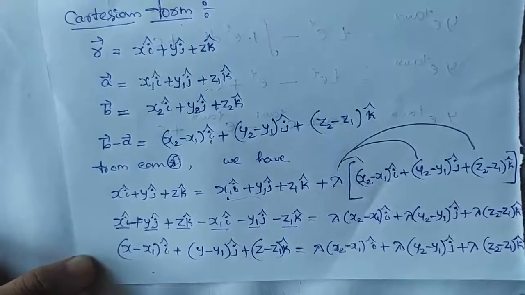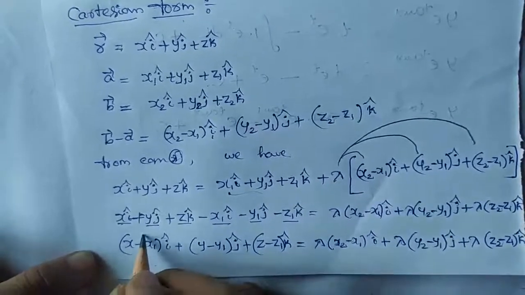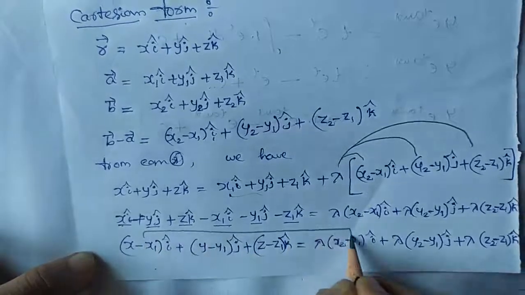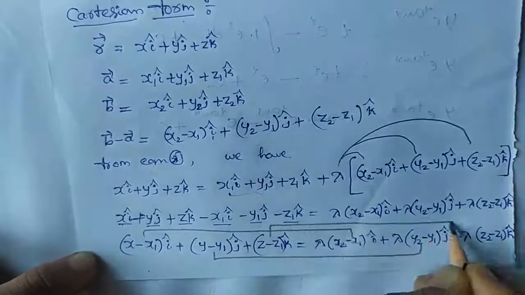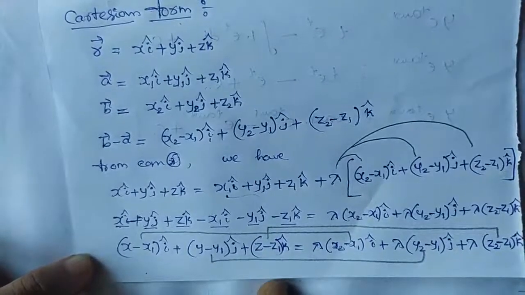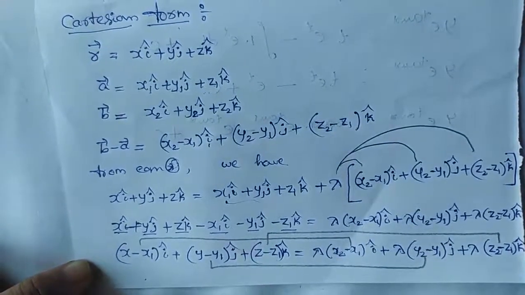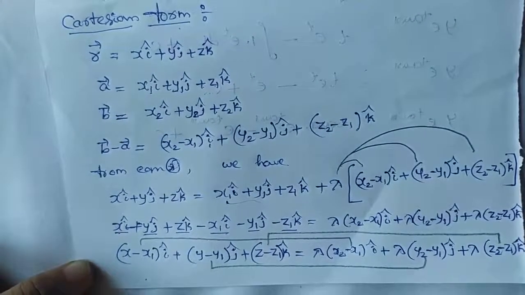By using equal vectors, we equate the i components, j components and k components. Let us equate i, j, k.